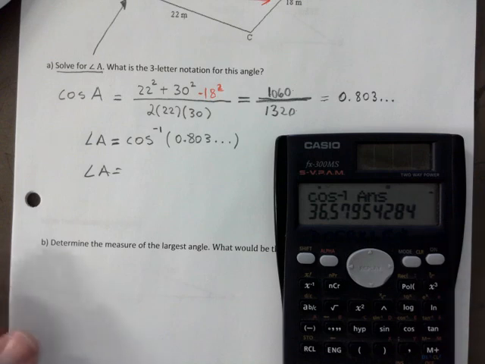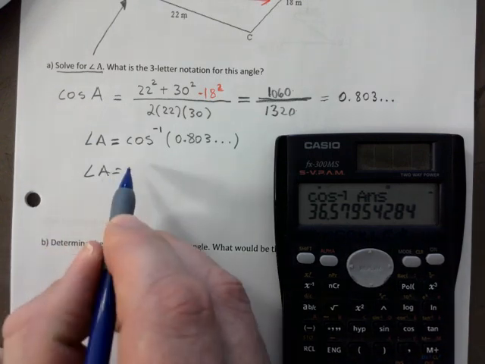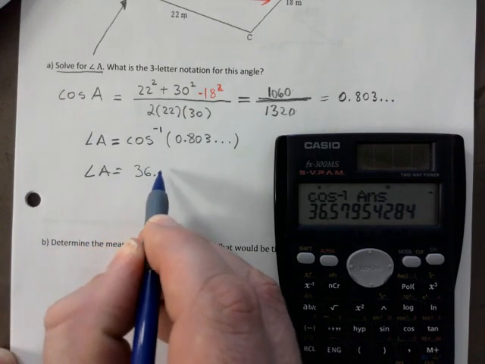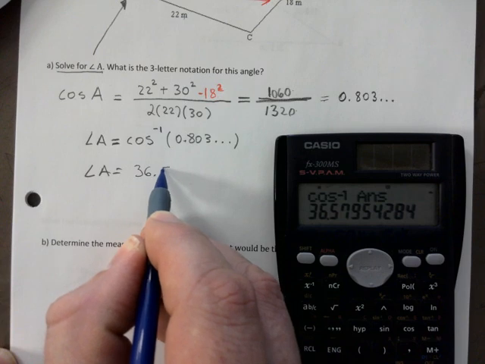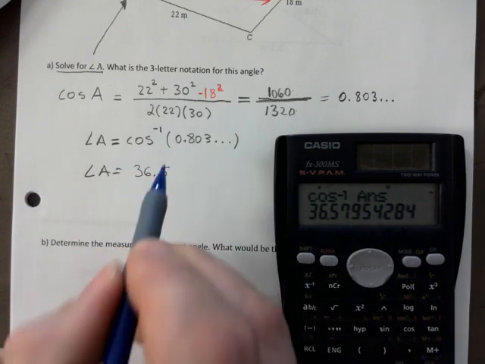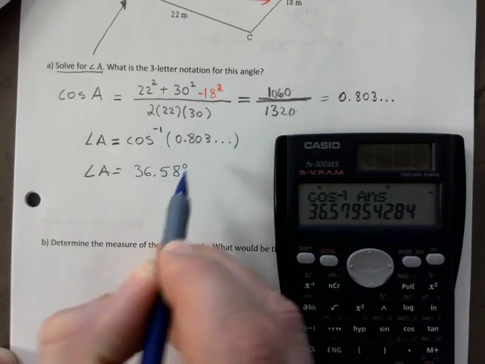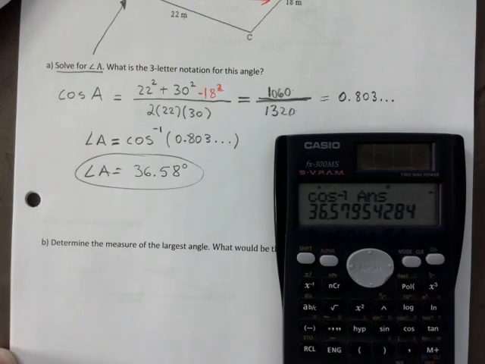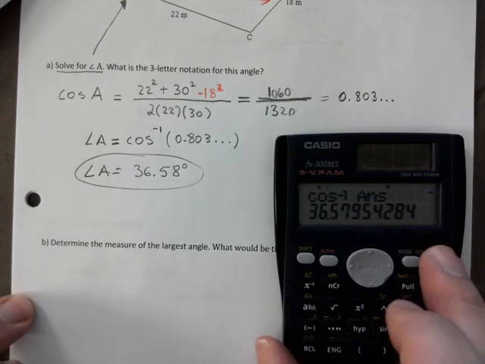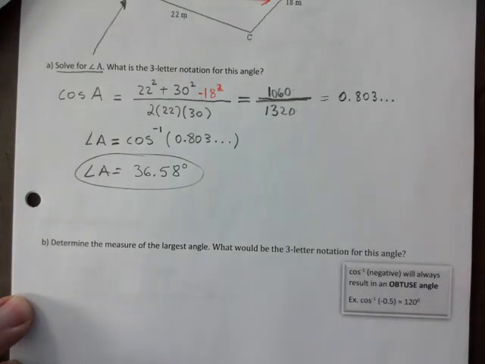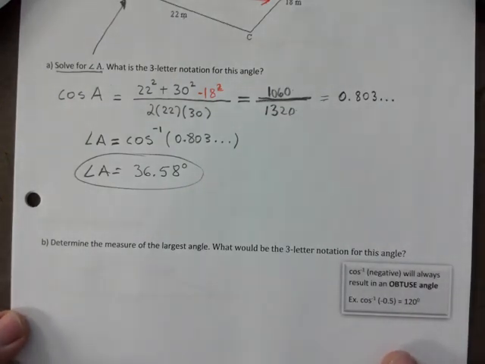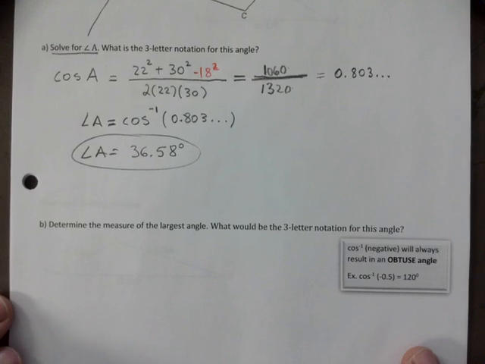And you get 36.58. Yeah, sorry. There we go. You've got angle A right there. And now you have a pair. You could go over to sine law if you wanted to. But I'm sticking with cosine today to practice it.